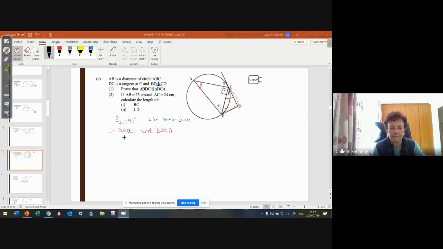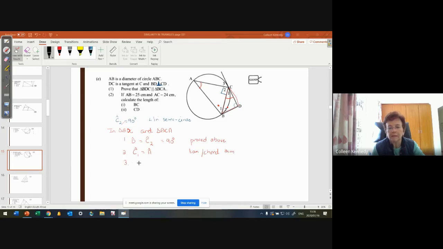First thing, this little triangle: angle D equals angle C2 equals 90. It's not really given, but we proved it above. Two: angle C1 is equal to angle A, tan chord theorem.